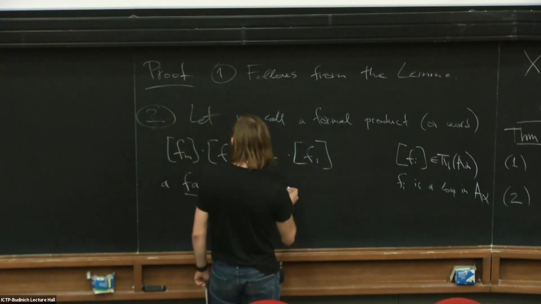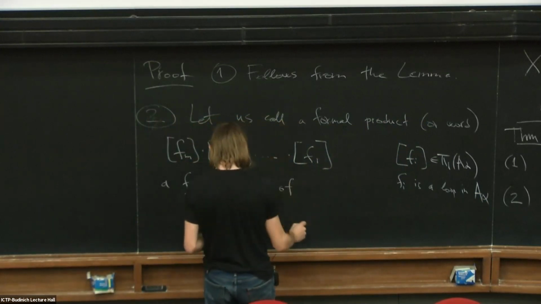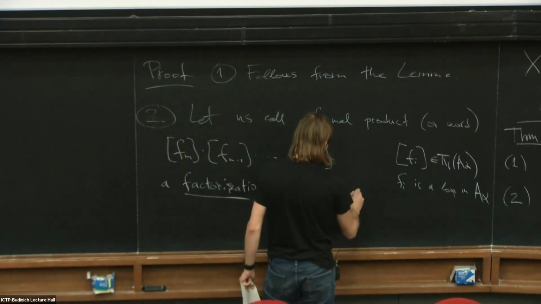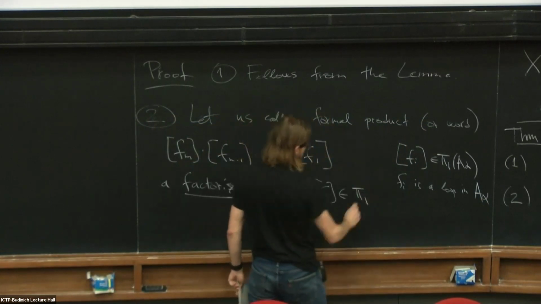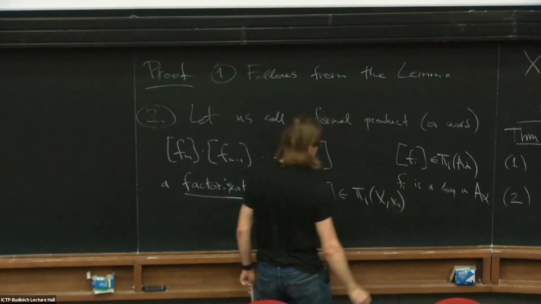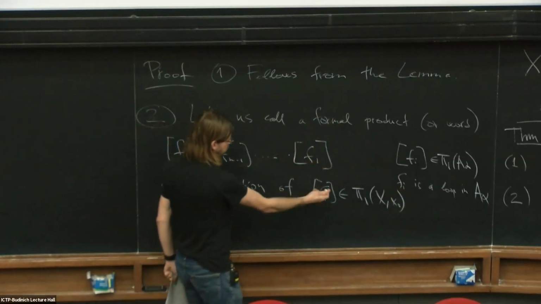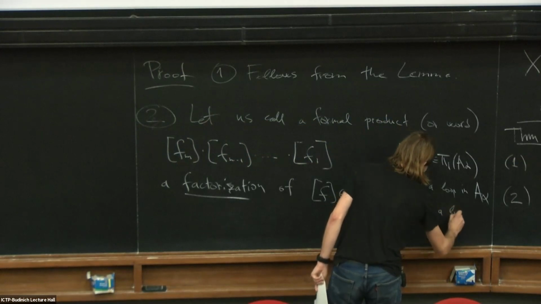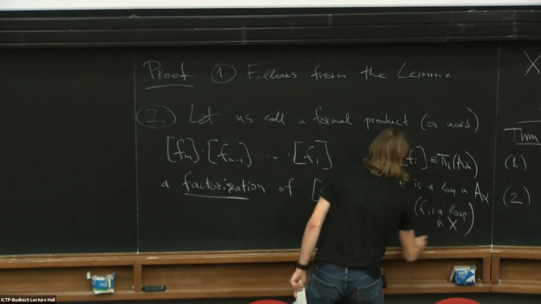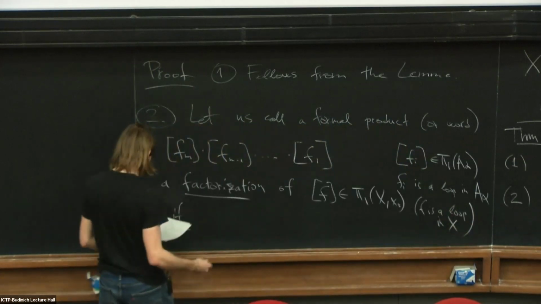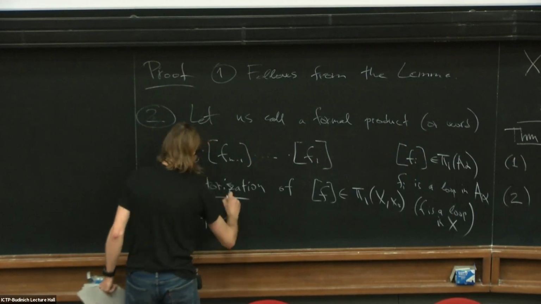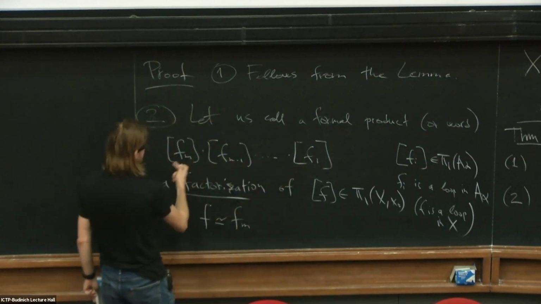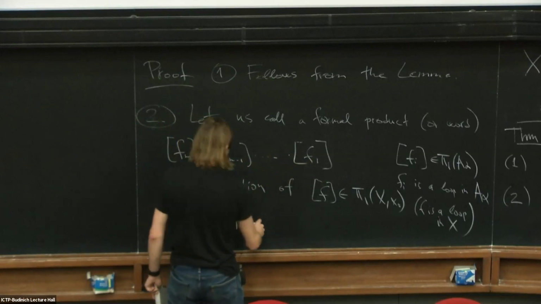So we call such a formal product a factorization. Here is the definition of what a factorization is. A factorization of an element bracket of f in pi1 of x, our total space, where f is a loop in x, is, by definition, such a product where f is path homotopic to the corresponding composition of loops fi.